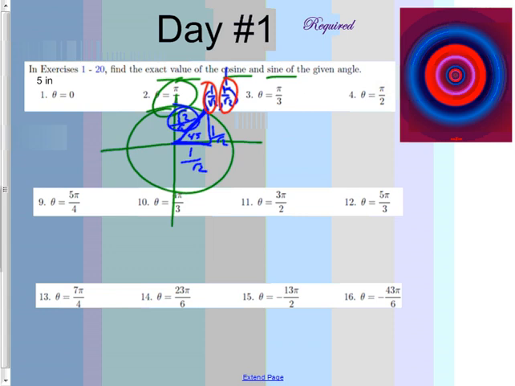What if the angle was negative 13 pi over 2? It's just a place. You can get there any way you want. I'd like you to try right now to make me a little circle and then count out by counting by pi over 2's. Where would negative 13 pi over 2 be?